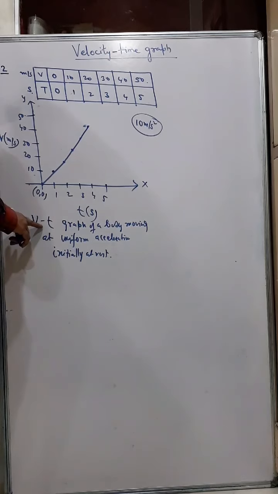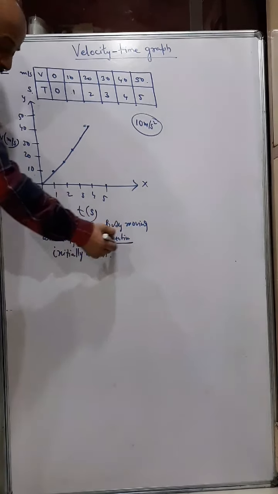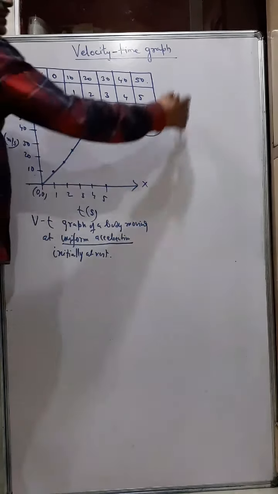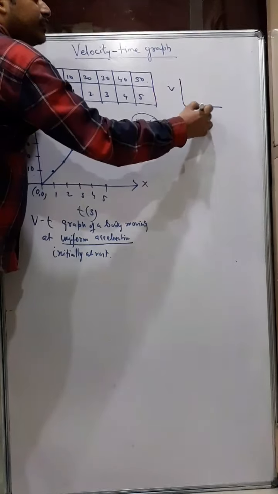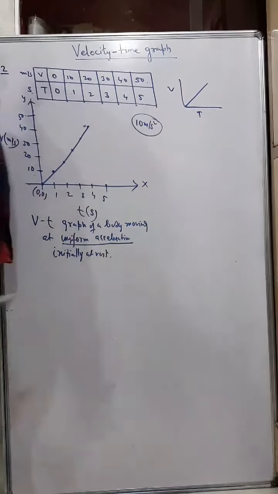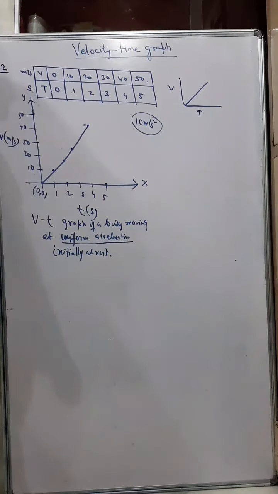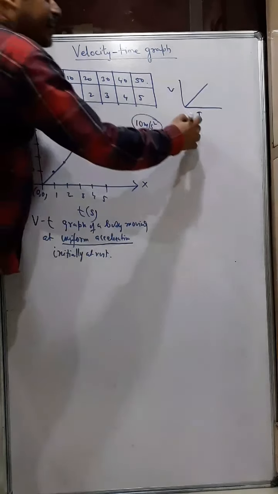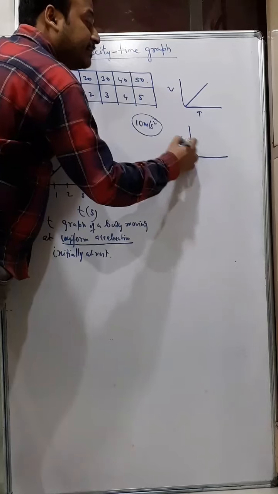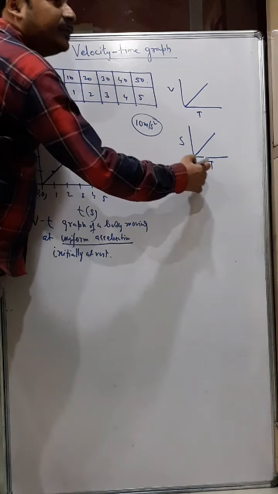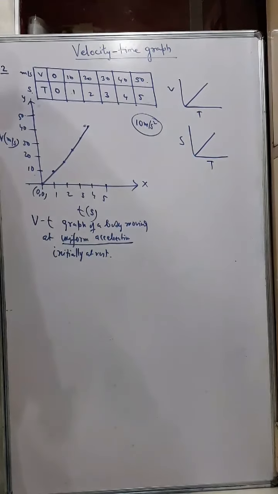So therefore we can say that this is a VT graph of a body moving at uniform acceleration. So therefore whenever we get this graph in a VT graph, that means it is uniform acceleration. And if you remember in the displacement time graph, if you get this, that was uniform velocity.